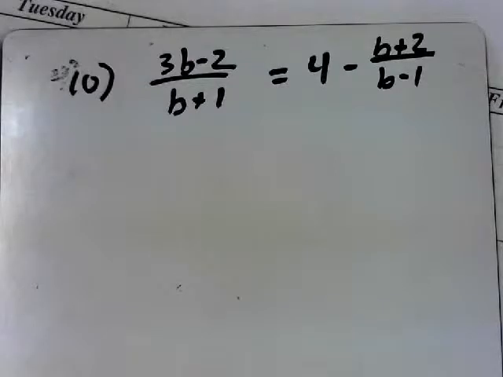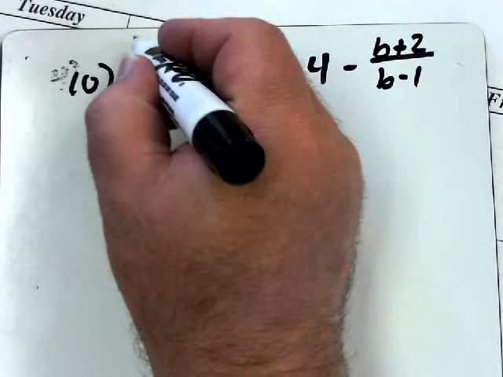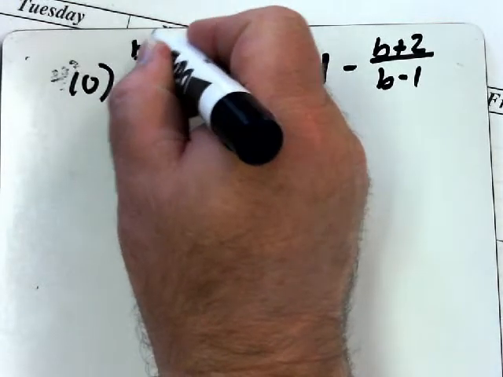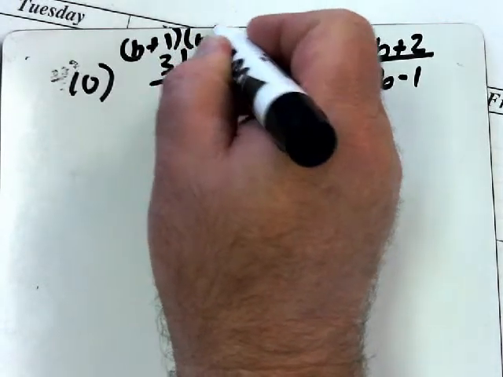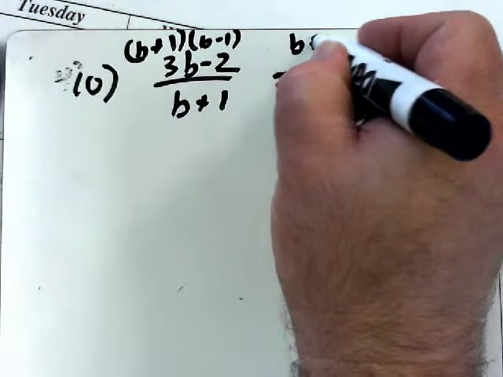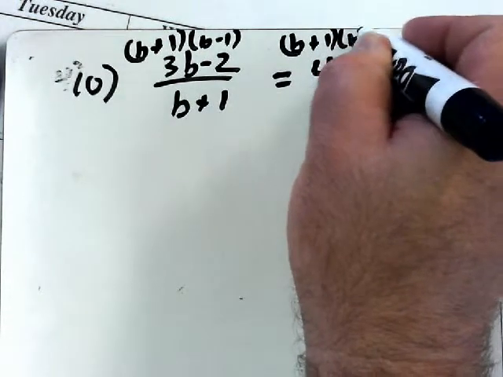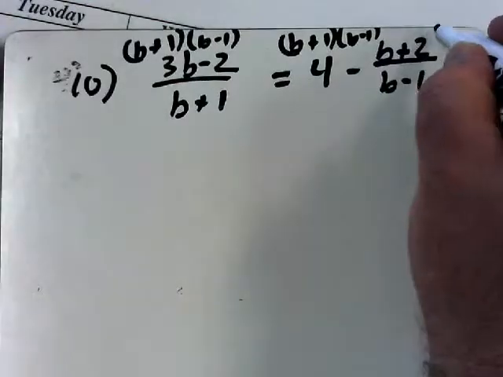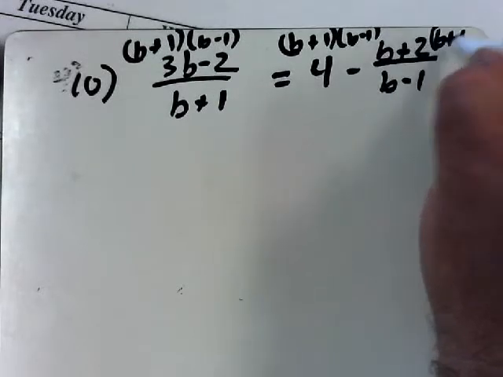Okay, what's the common denominator? B plus 1, b minus 1. Okay, b plus 1, b minus 1.